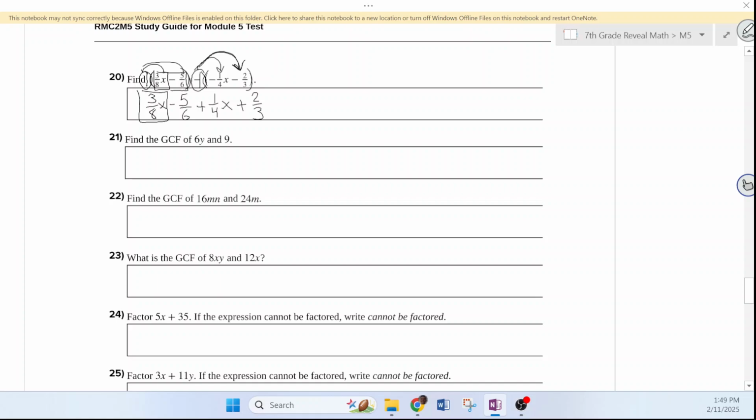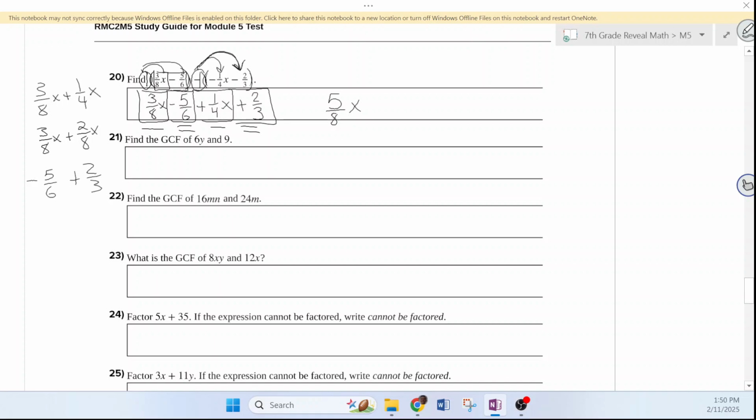Now we're going to do our like terms. Okay, we got the 3/8 x plus the 1/4 x. Well, 3/8 x plus 1/4, common denominators, 2/8, so that gives us 5/8 x. Now I got my negative 5/6 plus 2/3. Now I immediately know that those are different signs, right?